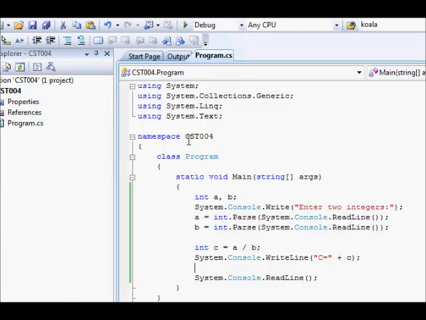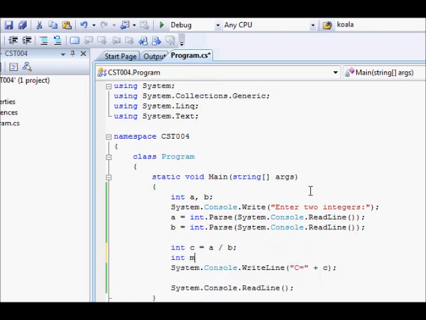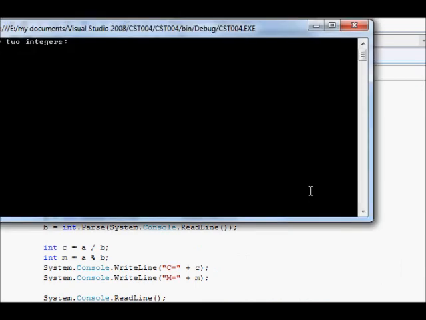Now, the second operator is the modulus. Here we are going to define the modulus: int m equals a, and you use the percentage sign to indicate that this is a modulus. So m equals a % b, and we're going to run this.